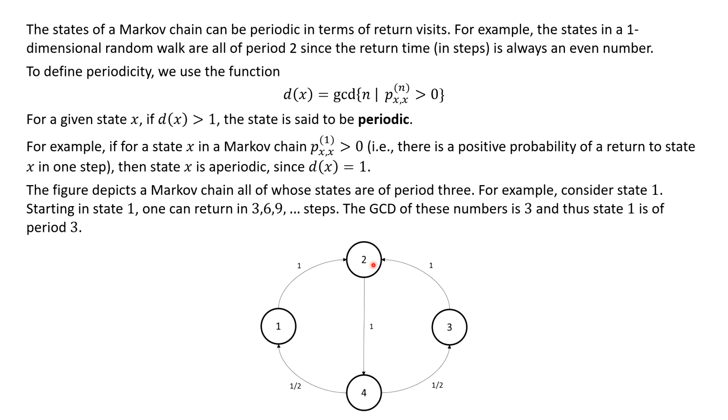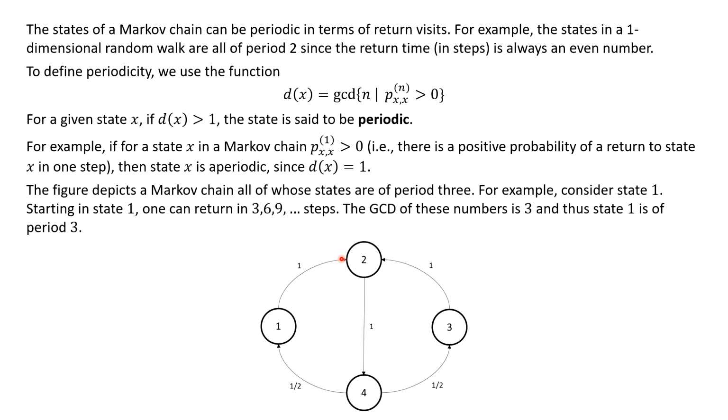Let's look at a few more. So from 2, the only choice is to go to 4, then 3, then back to 2. So you can come back in 3 steps or 6 or 9. So the same deal with 2. Let's look at one more. Let's look at 4. From 4, we can go to 1, to 2, and then back to 4.